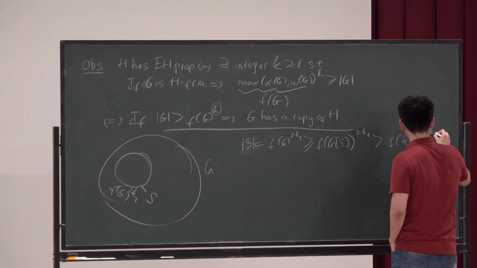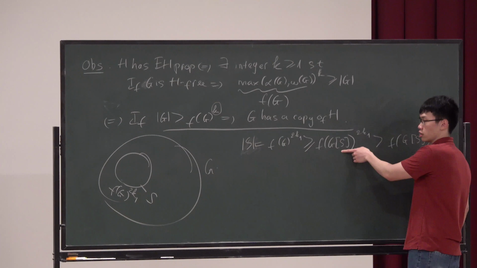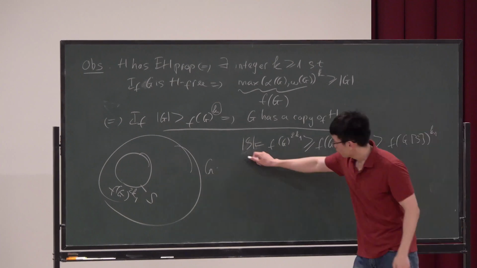Also, I'm going to use this notation to denote the subgraph of G induced on S. So we have this chain of inequalities.